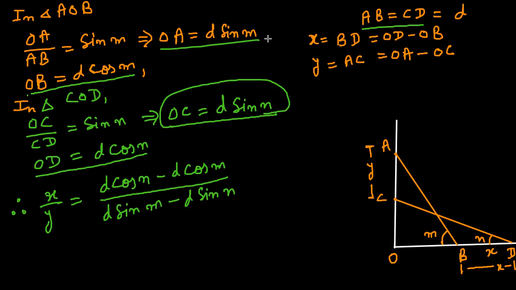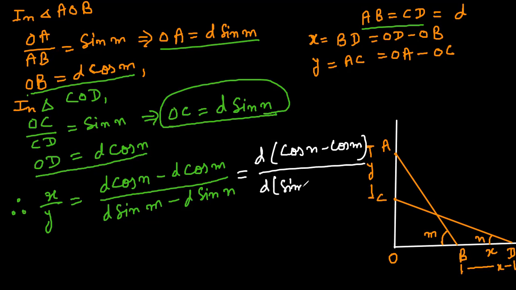If you see carefully, just taking d common, you get the right hand side of our expression, which was to be proved. So d times cos of n minus cos of m, divided by d times sine of m minus sine of n.